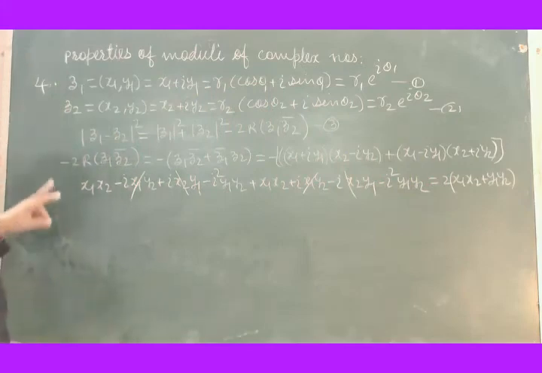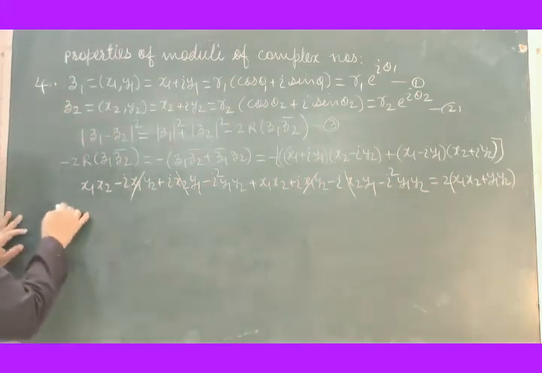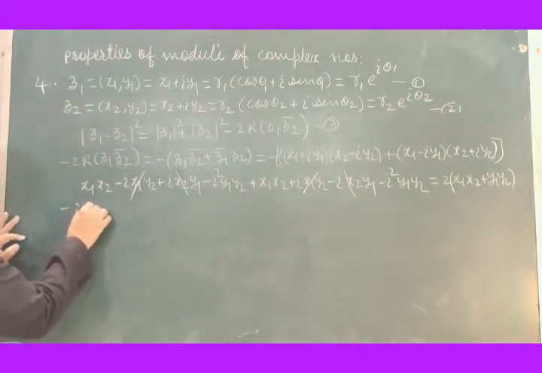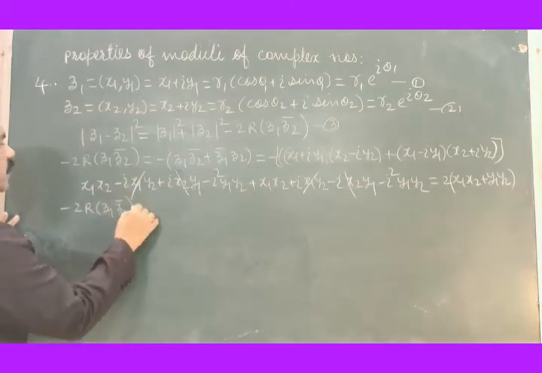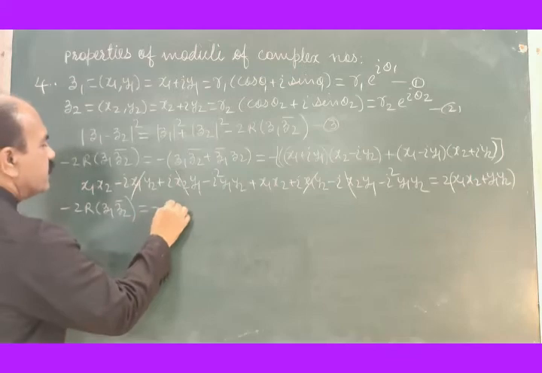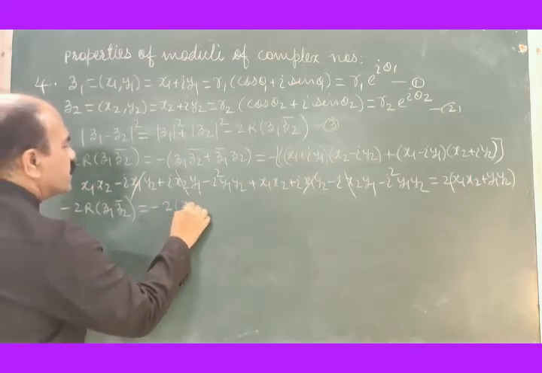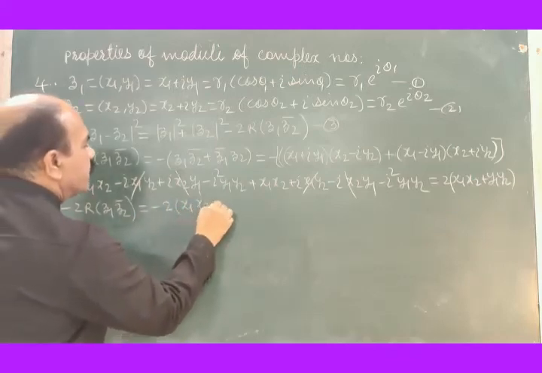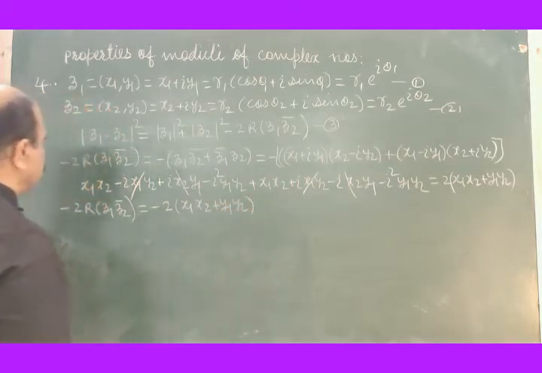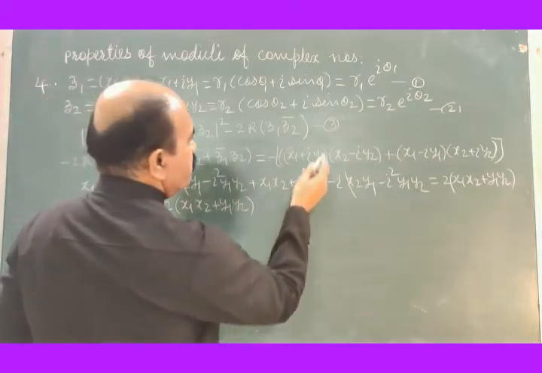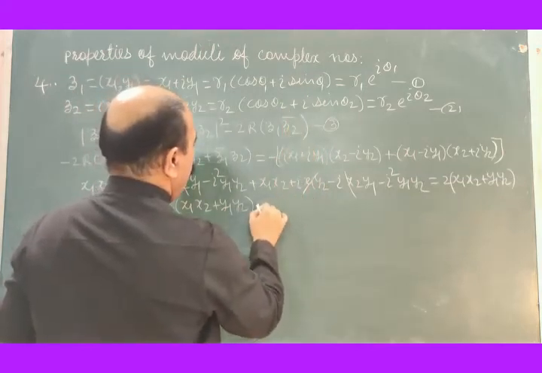It means that this minus 2r Z1 Z2 bar is minus 2 times x1 x2 plus y1 y2, equation number 4.